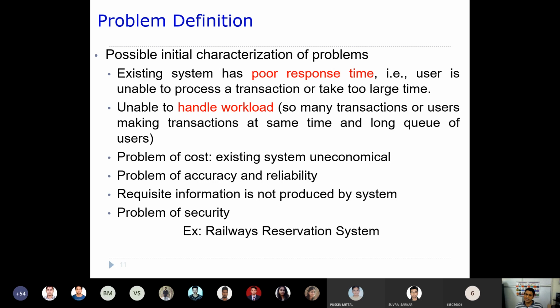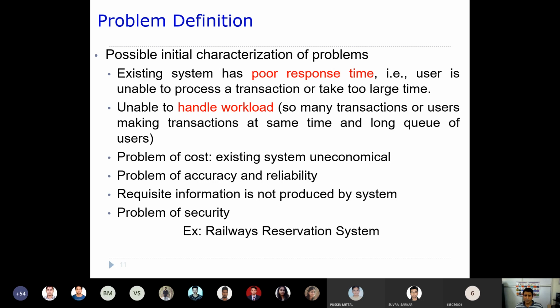Also, the existing system may be uneconomical. Whatever system you have, if it is not cost effective, that is the reason you need to switch to another kind of system to make it economical. Then there is the problem of accuracy and reliability.